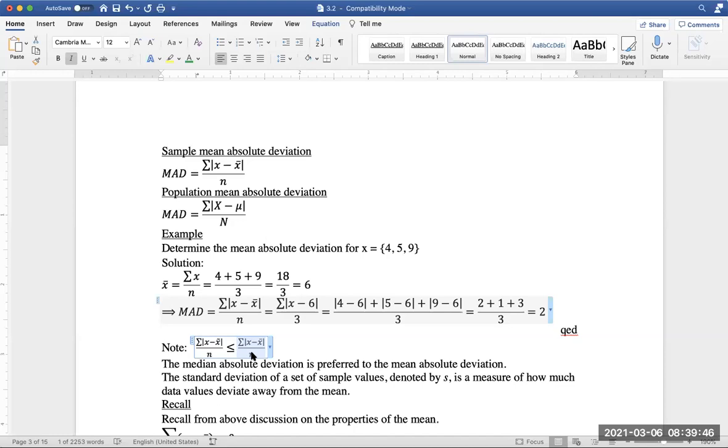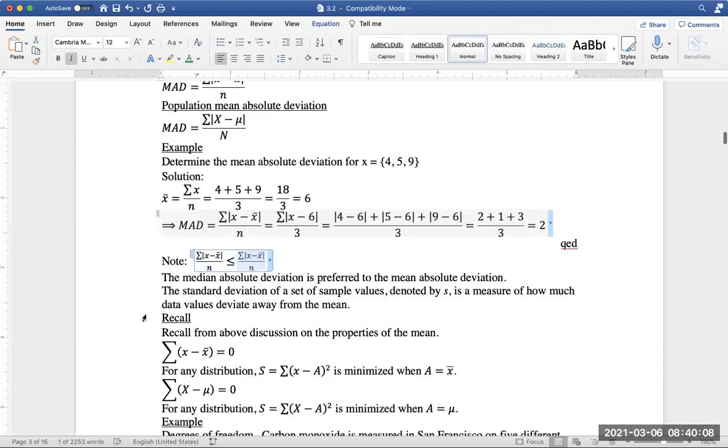It is not preferred. However, if you're going to be measuring dispersion from a median, then the preferable measure of dispersion is the median absolute deviation. If I want to measure dispersion from a mean, then I should do the following.